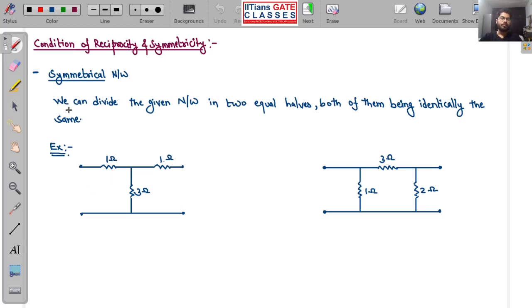Now look at this circuit, this first T network. What is the definition I have written? If we can divide the given network in two equal halves, both of them being identically the same, then that is known as a symmetrical network. So this T network, can I redraw it like this?